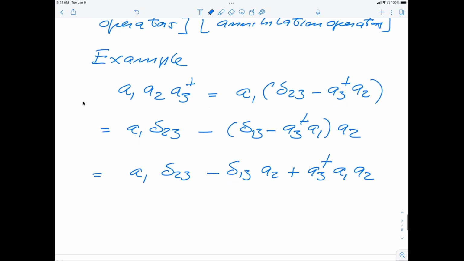Now let's use these definitions which we had. If we look at the first term, this delta 2 free is actually the contraction of A2 and A3 dagger, which we had. So the Kronecker delta is a contraction.